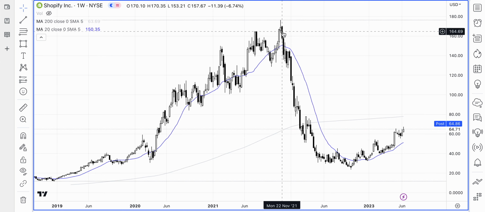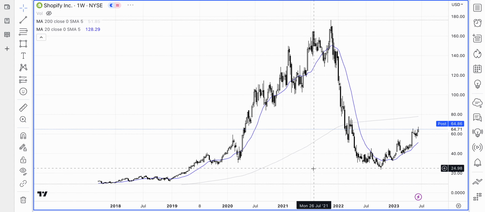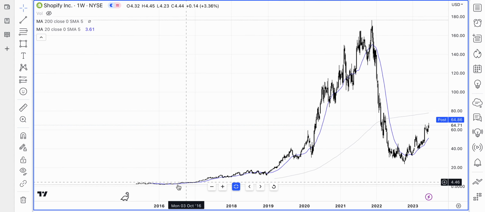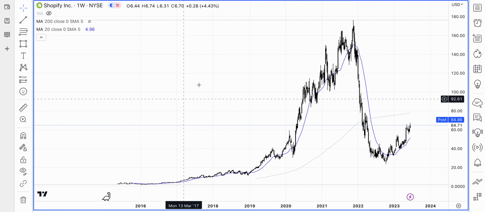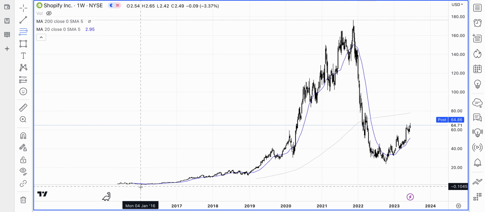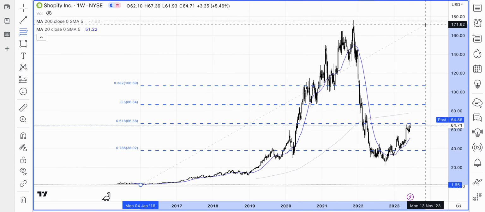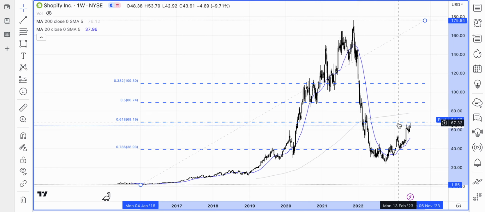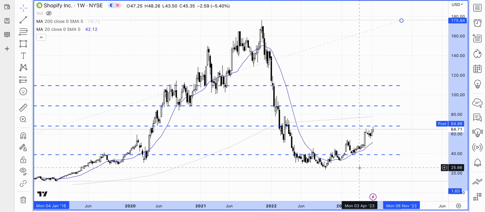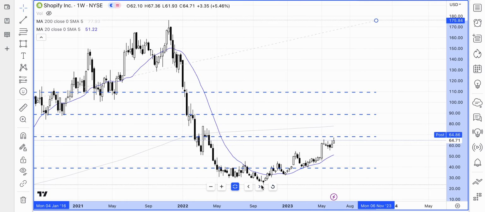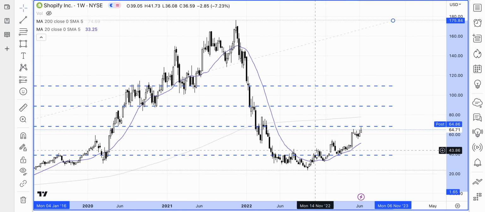But what we have seen, just like for Amazon, is that from the pandemic highs the stock has fallen a lot. It's difficult for me to do the exact retracement, but just eyeballing it, it is somewhere close to that 78.6% Fibonacci retracement, and in fact, on the weekly chart we can see it's a little bit below that as well.